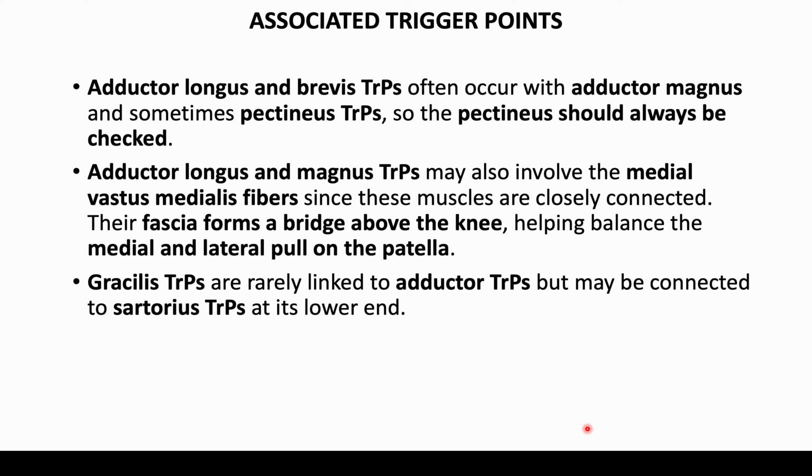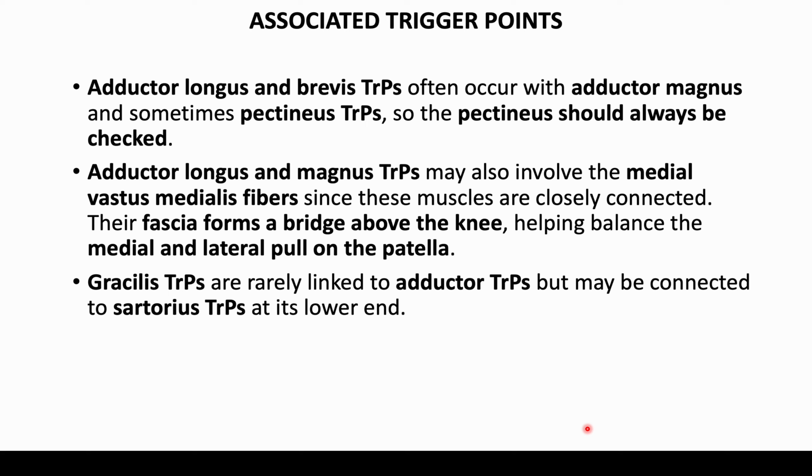Associated trigger points: adductor longus and brevis trigger points often occur with adductor magnus and sometimes pectineus trigger points. So the pectineus should always be checked as well. As you can see, it's in a similar range here. Adductor longus and magnus trigger points also involve the vastus medialis fibers.